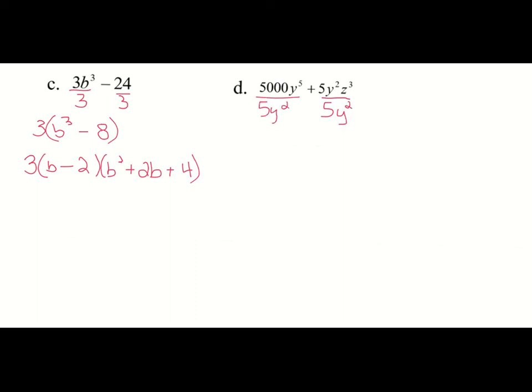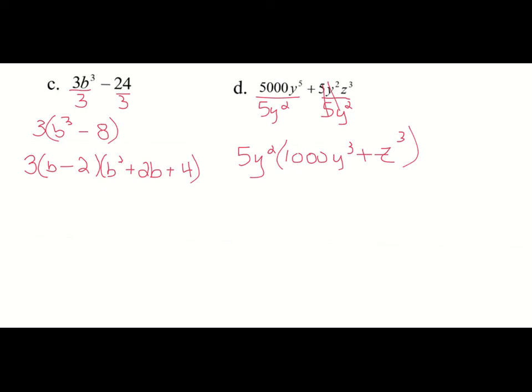So when I do that, I'll keep that on the outside, and that's going to leave me with 1,000y cubed plus z cubed, because the 5 and the y squared equal 1. Now, I do have perfect cubes here.